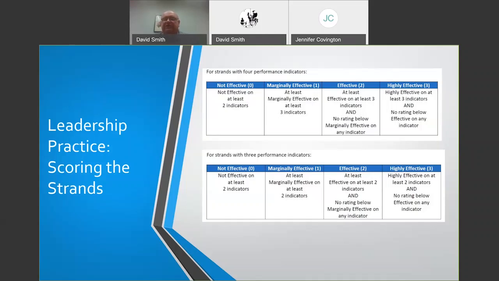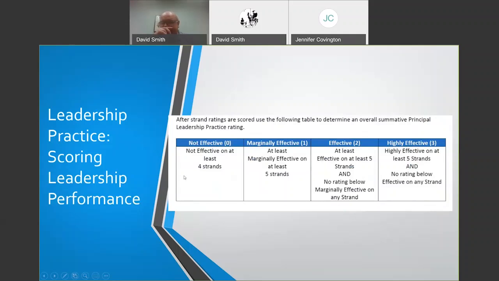Well, then in order to get to the overall rating for the entire leadership practice component, the performance component, this is what you would do. You would take those scores from the strands and you would say, if this principal is highly effective, they have to be highly effective on at least 5 strands.